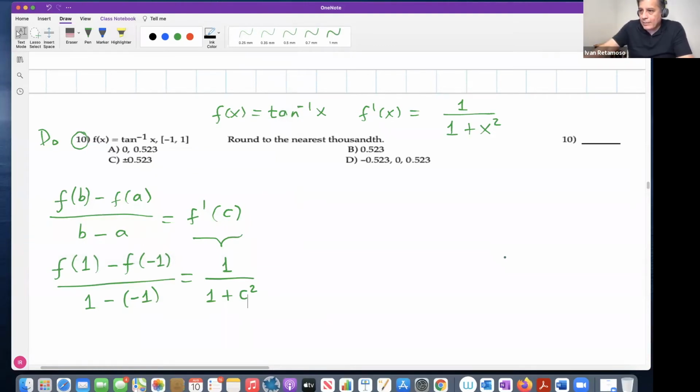Give it a shot, try. You don't have to be right all the time, but probably this is the hardest it could get when it comes to applications of the mean value theorem. And this mean value theorem, guys, let me tell you, is very, very important.